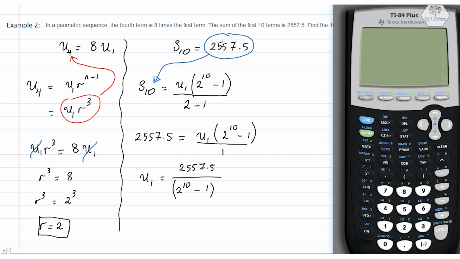Now I need my GDC. Let's do this value. I have 2557.5 divided by 2 to the power of 10 minus 1.